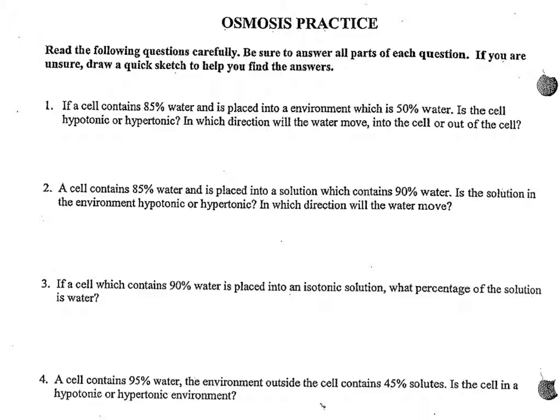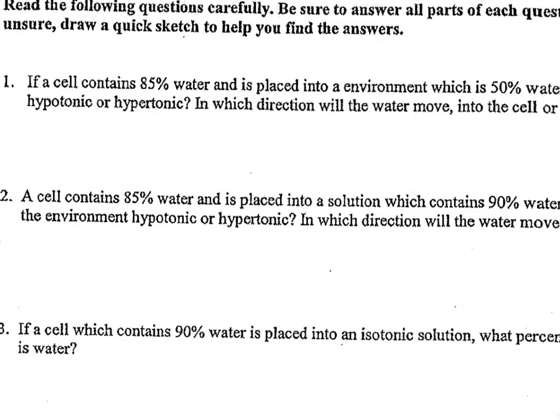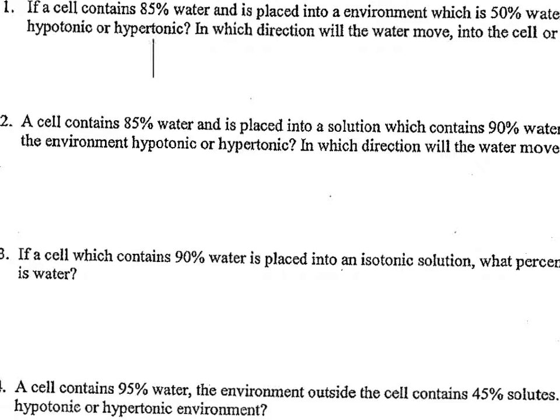All right, welcome back. I'm going to go through the practice problems, and you can check my work to your own and see if you did them correctly and you got the same answer, or you can see where the error in your thinking was. So for our first problem, I'm going to draw it out here.